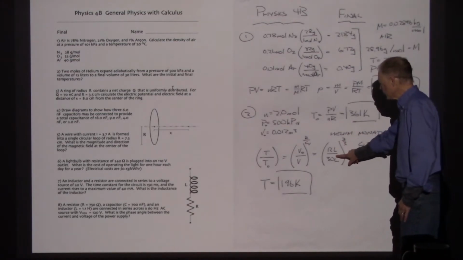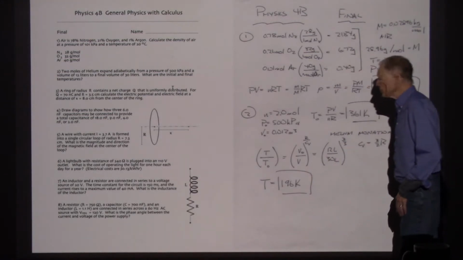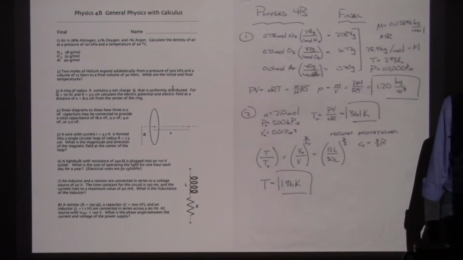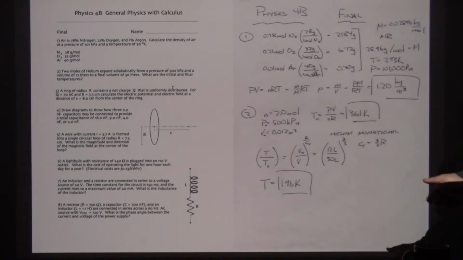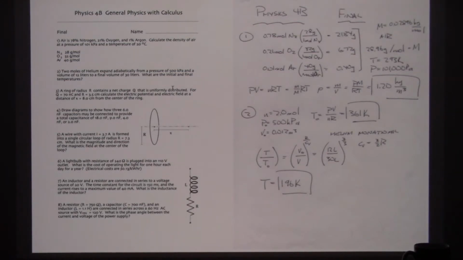So it's 12 liters divided by 30 to the 2/3. I ended up with 196. Now what I'm watching for in this example is, it was an adiabatic expansion. If it's an adiabatic expansion, I would expect that the temperature is going to drop during that process. So the temperature that we're ending up with seems pretty reasonable.